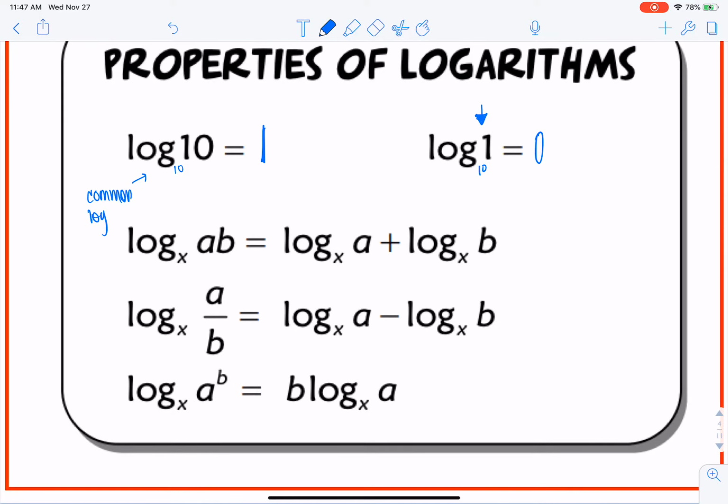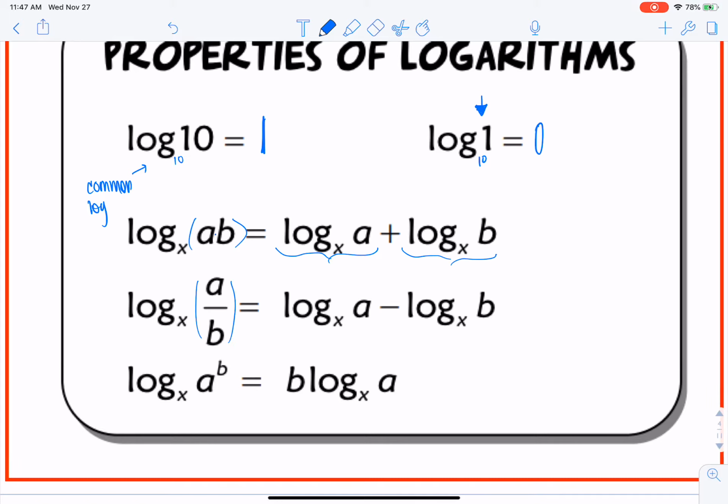So some of these logarithms we can algebraically manipulate; we can expand and we can condense some of these logs. So anytime I'm multiplying two pieces within a logarithm, we can split that up using addition, right? We know that multiplication is really repeated addition.